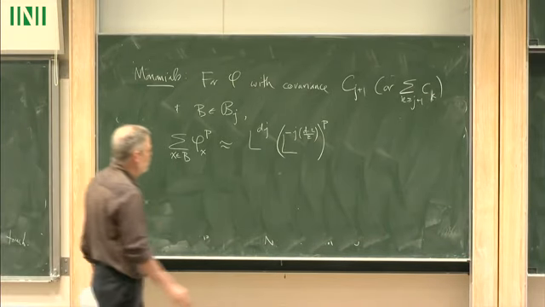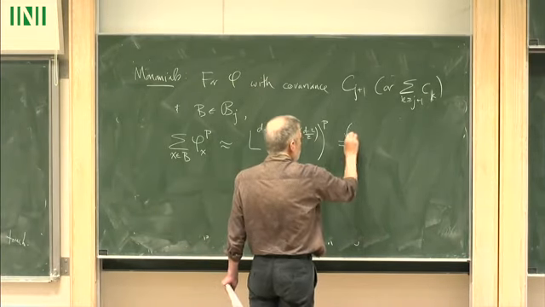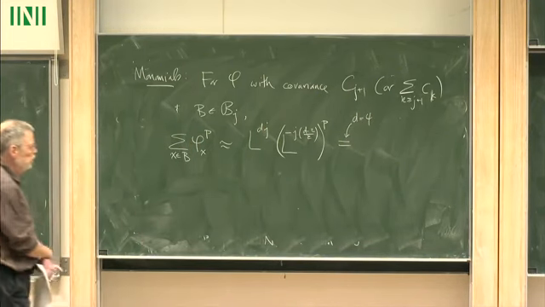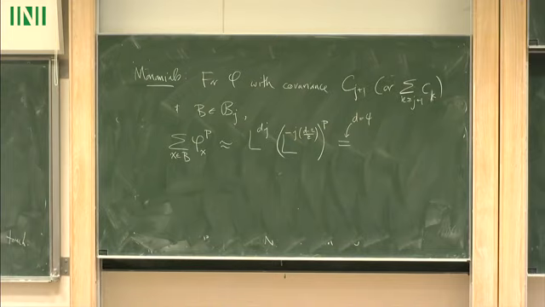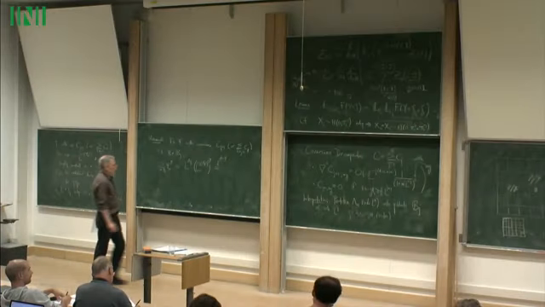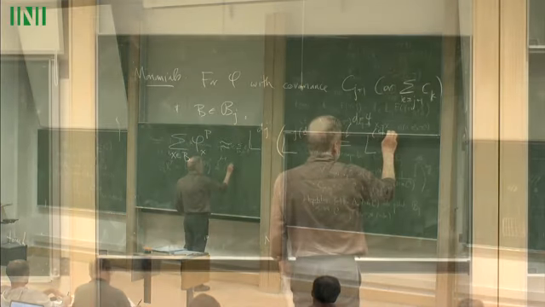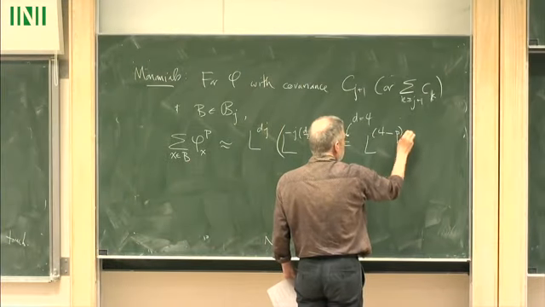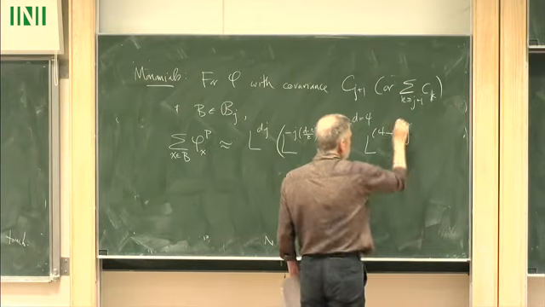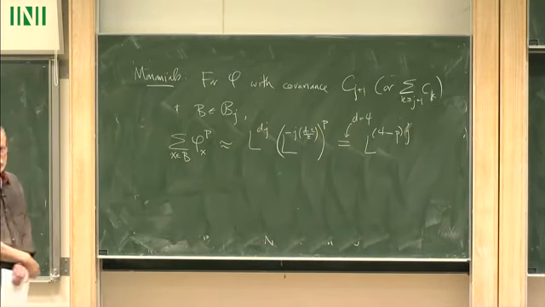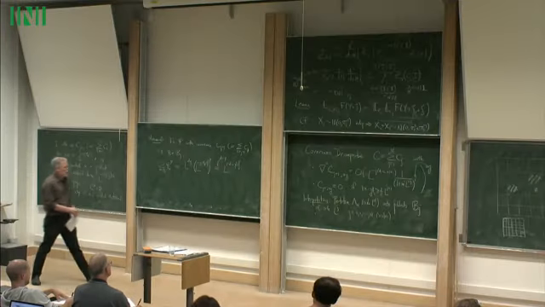So let's take d equals 4. Then (d minus 2) over 2 is 1. So this is just L to the (4 minus p) times j. We've seen this in Anti's talk.